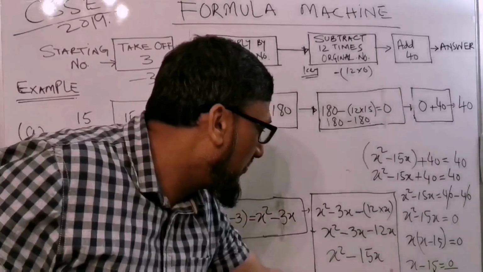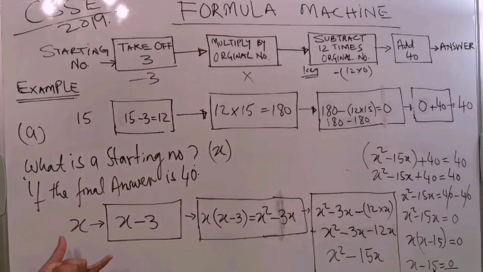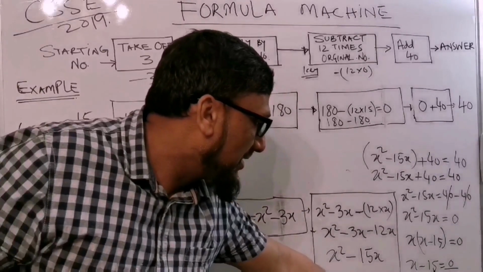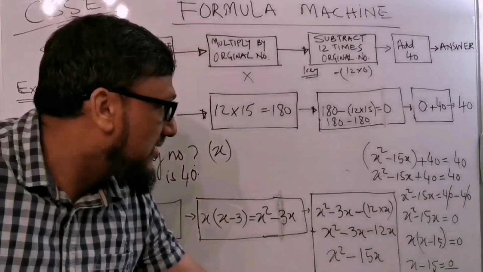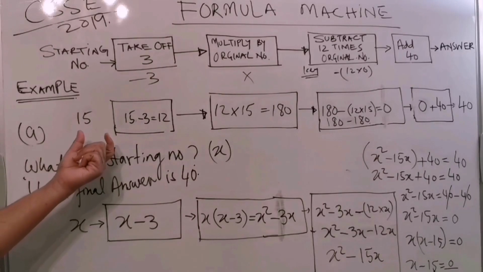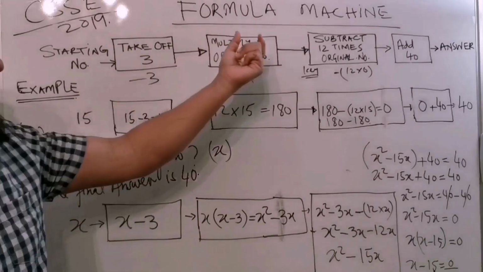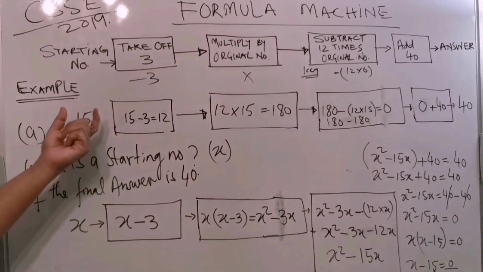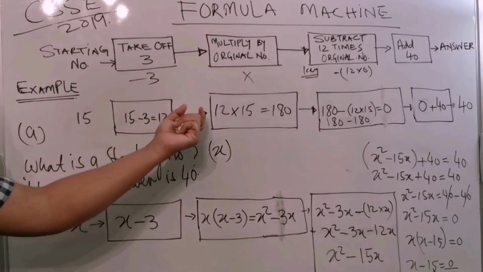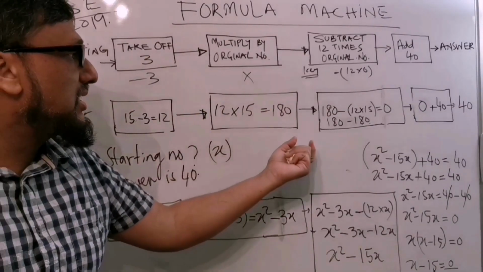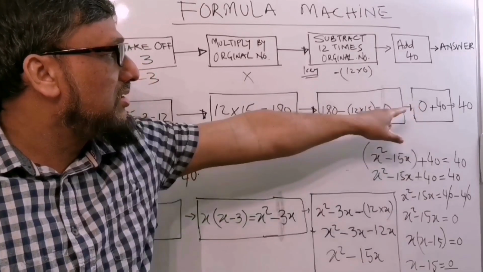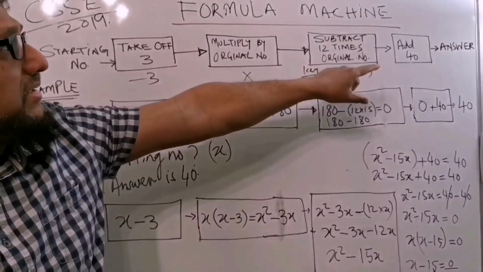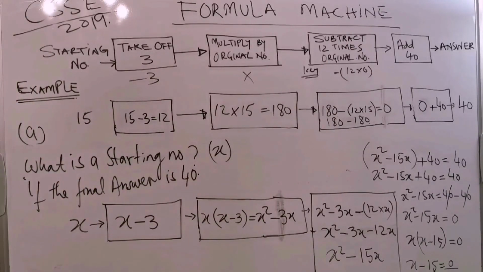So we worked out on the basis of this equation that x equals 15, and to verify, we put this number in the formula machine: 15 take away 3 is 12, 12 times 15 is 180, 180 take away 180 gives 0, and adding 40 in the last stage gives the answer 40.